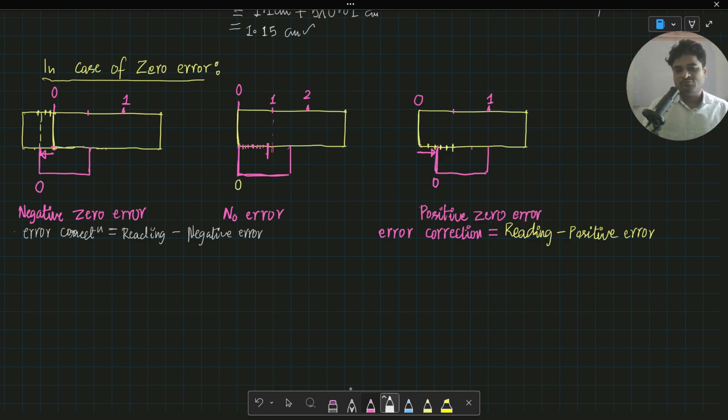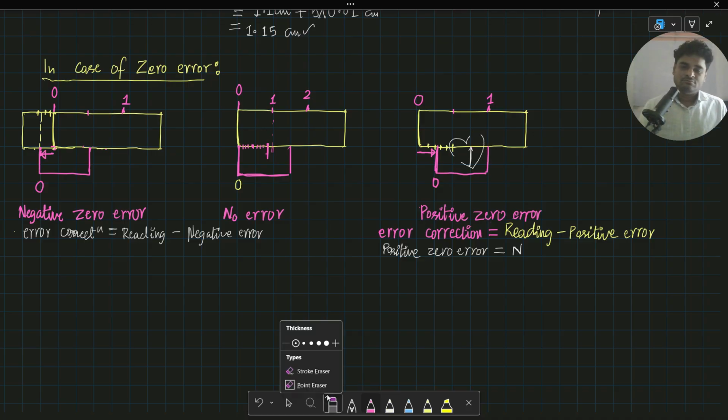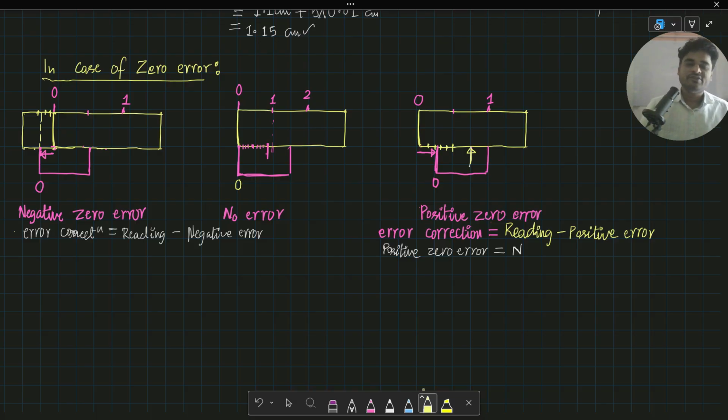So positive error, how do we calculate this positive error? The formula becomes: positive zero error. Let's say it should be 2, so we'll write the formula like this: n plus whatever the vernier reading is. Let's say the vernier scale is aligning at some point. Hopefully we know how to read the vernier reading.